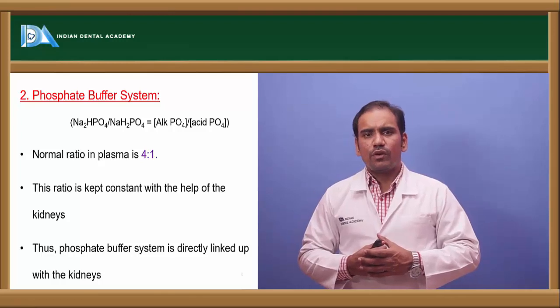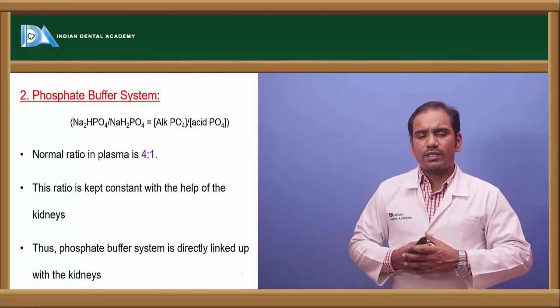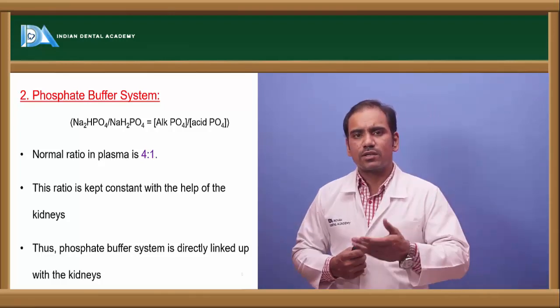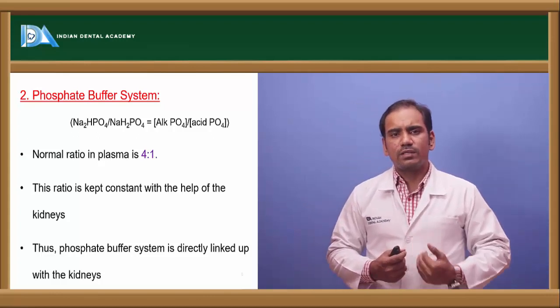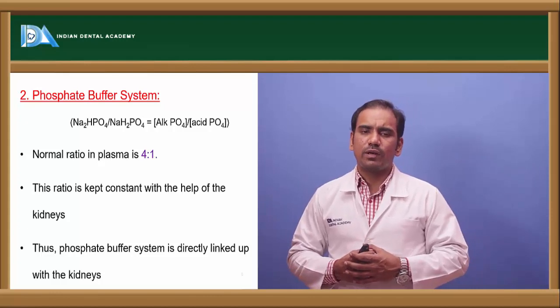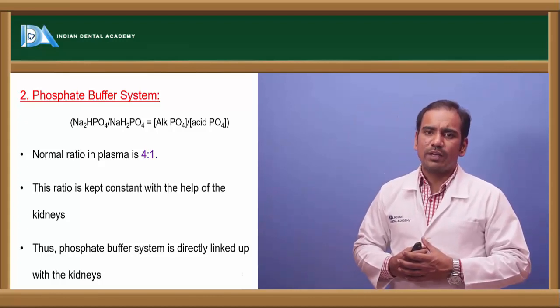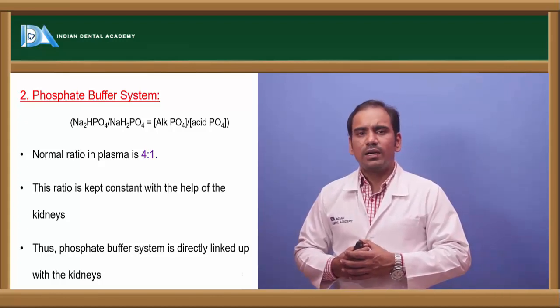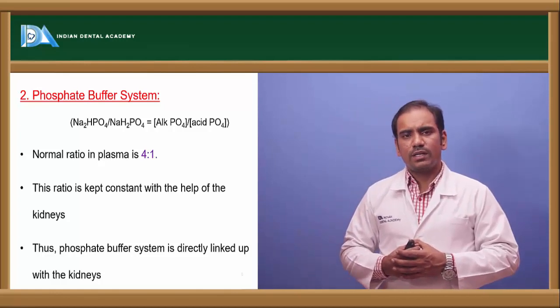Coming to the phosphate buffer. We have seen that the bicarbonate buffer is the major extracellular buffer. The phosphate buffer is the intracellular buffer. The components of the phosphate buffer are disodium hydrogen phosphate and sodium dihydrogen phosphate, the basic phosphate and the acid phosphate.